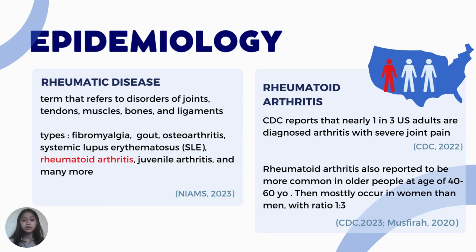The CDC reports that nearly 1 in 3 US adults are diagnosed with arthritis with severe joint pain. Rheumatoid arthritis is also reported to be more common in people aged 40 to 60 years, and occurs mostly in women than men with a ratio of 1 to 3.